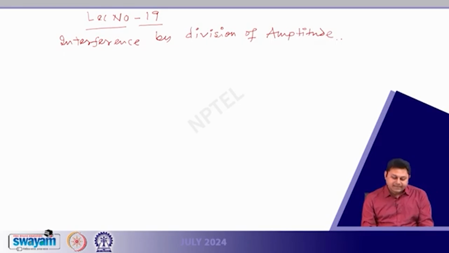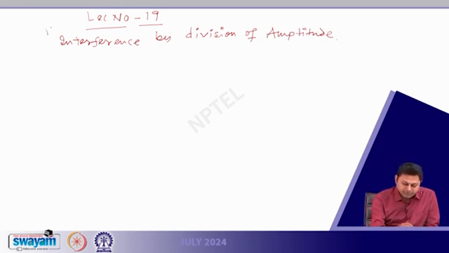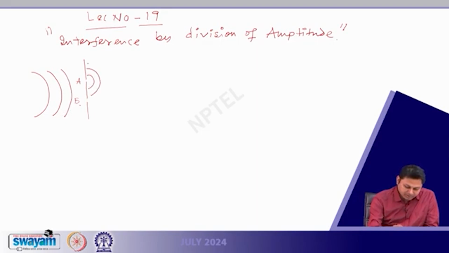So far, in the case of Young's double slit experiment, we had a system like this. We have two sources here, or two holes, A and B, and from one source, this is the wavefront that was there, and then from A and B, two separate wavefronts were generated like this.